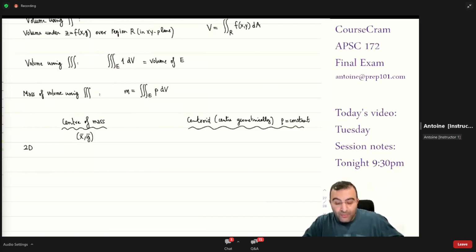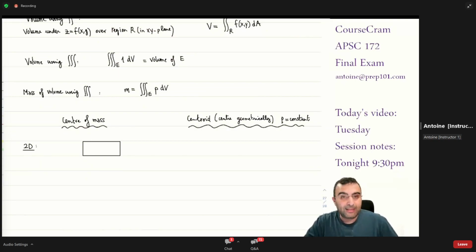So what's the difference between center of mass and centroid? Let me draw an example to explain the difference. Let's say you have a rectangle made of wood or lead or something, with constant density. Where would be the center of mass of this rectangle? If it's constant density, the center of mass will be here.